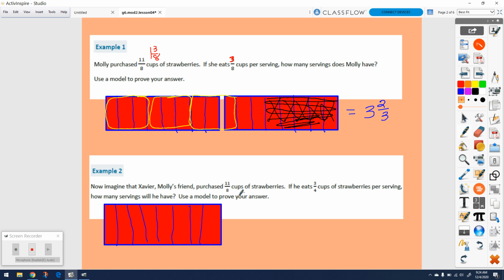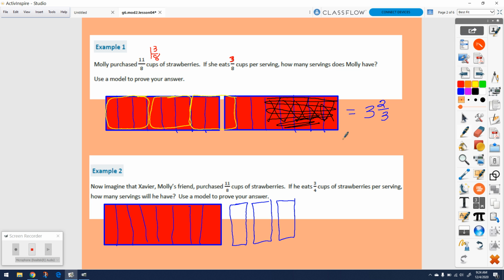This time I'll just draw my 3 that I have extra. Okay. And this time it tells us we are going to put it into 3/4. How am I going to do that? I don't have fourths. How can I do that?